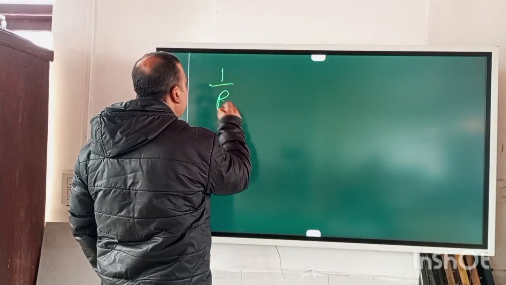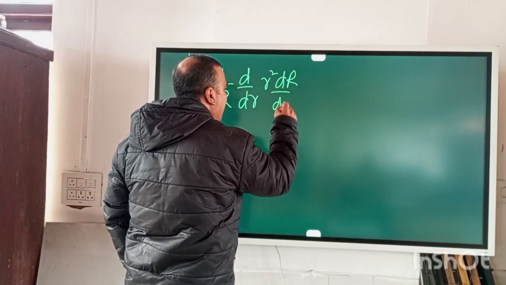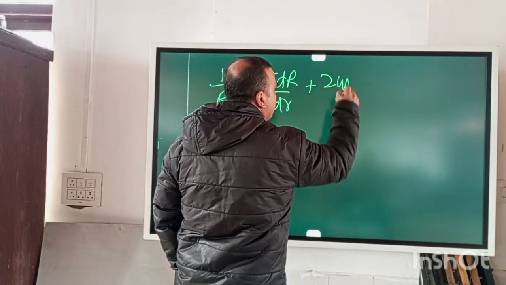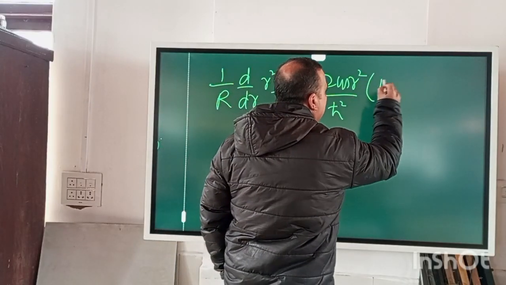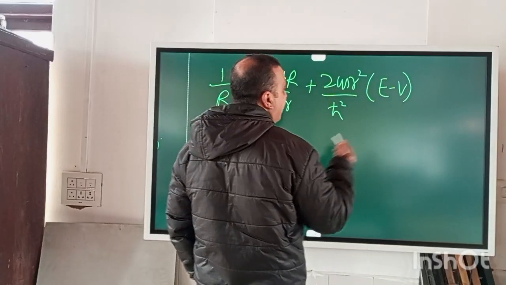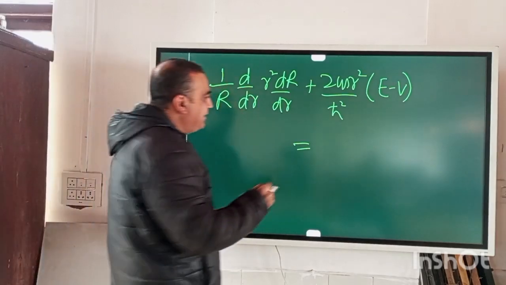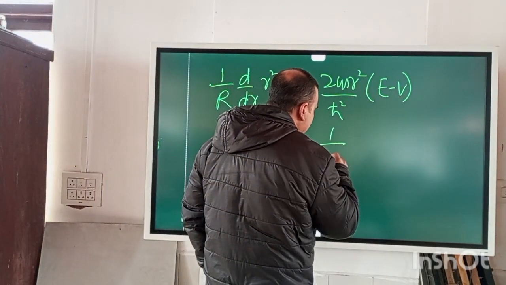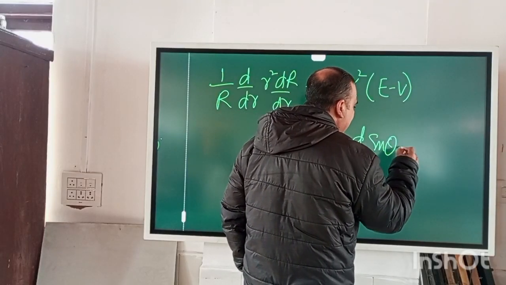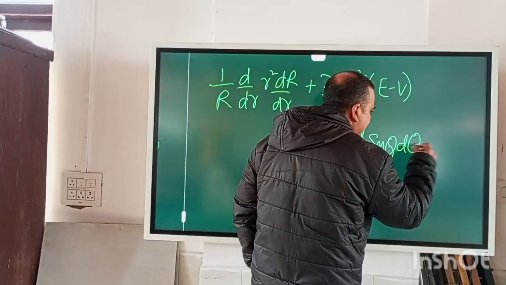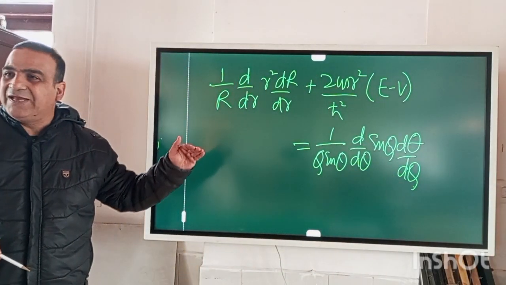So this is 1 by r, then d by dr of r square dr by dr plus 2m r square by h bar square e minus v. This is equal to, I will take the other thing on the other side, 1 by theta sine theta d by d theta of sine theta d theta by d theta, minus ml square by sine square theta.